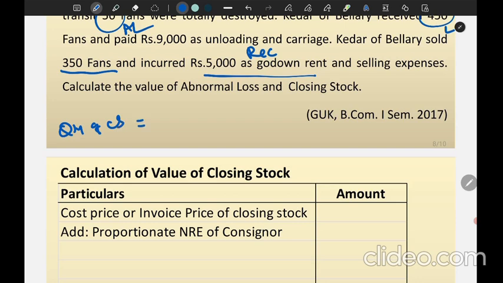Quantity of closing stock is equal to quantity sent minus quantity returned minus quantity sold minus quantity of abnormal loss minus quantity of normal loss.